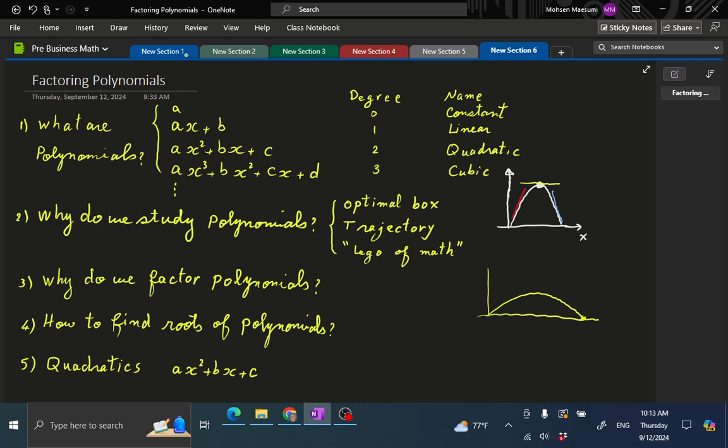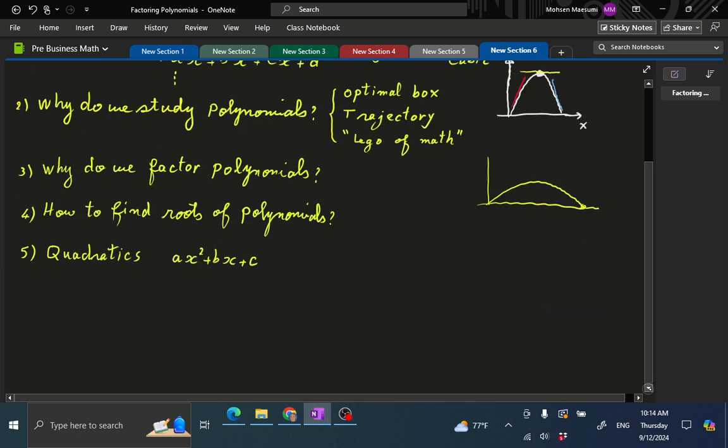But as we said, polynomials form the Lego of mathematics. You can take these things, glue them to each other, and create fanciful structures out of just these simple looking polynomials. So before we go to factoring, let's see how we multiply.